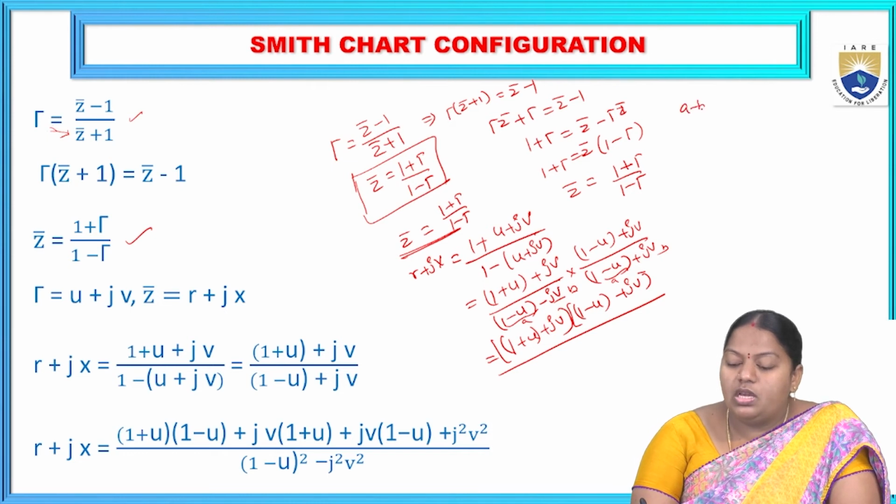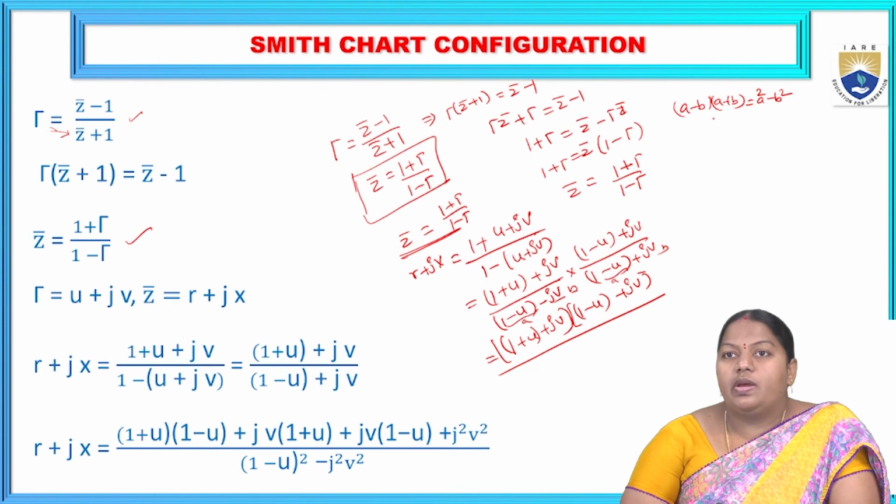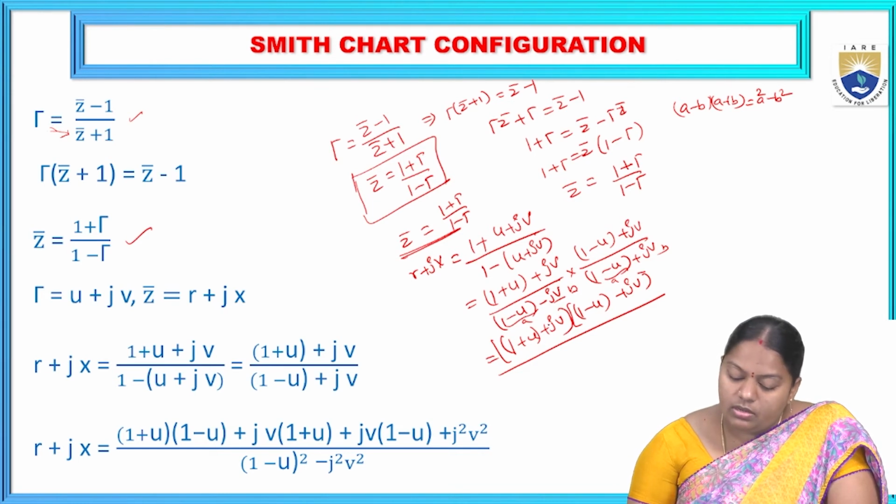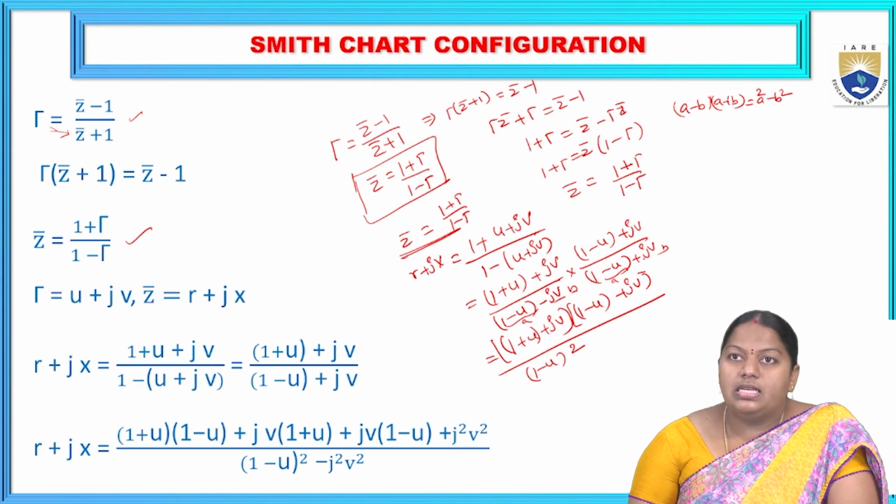So as we know that (A minus B) into (A plus B) is given by A square minus B square, right? So in the denominator, A square means (1 minus u) whole square. Then minus, already in the formula itself negative is there. We need to multiply with the j and j. Then j square value becomes minus 1. Then minus of minus becomes plus, into B square.